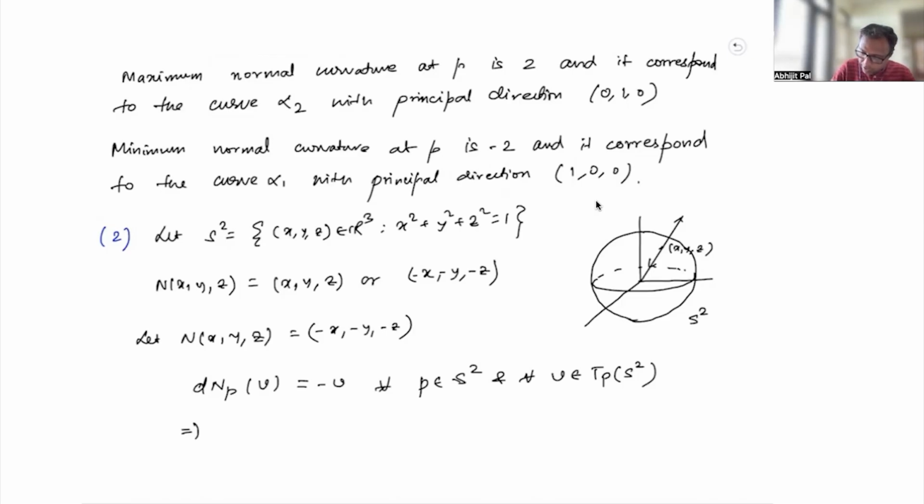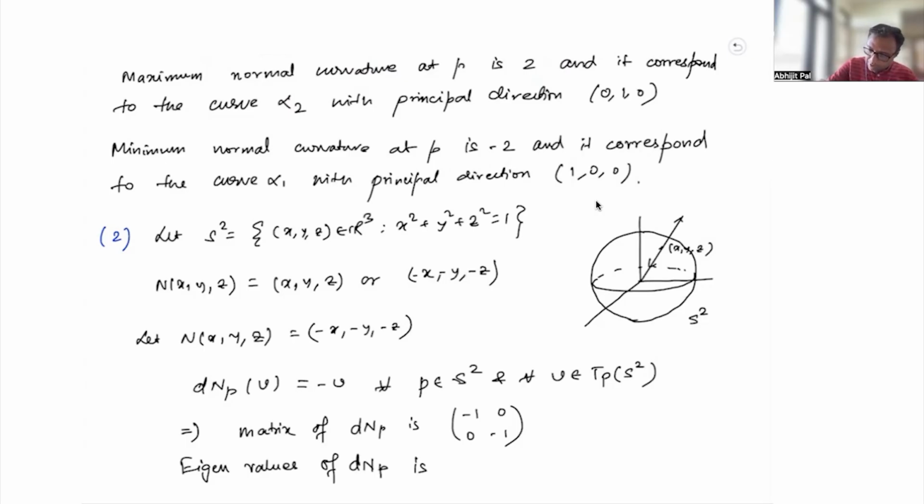So this shows that the matrix of dN_P is (-1, 0; 0, -1). So the eigenvalues of the matrix of dN_P are both equal to minus 1. Both the eigenvalues are the same and they are equal to minus 1.